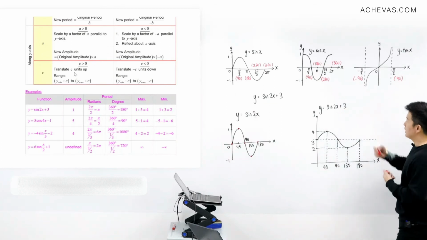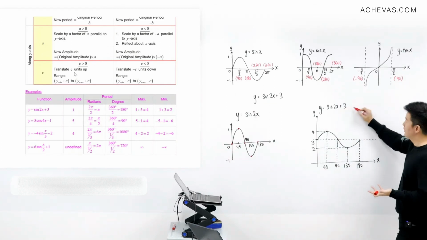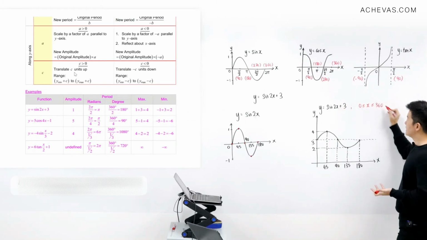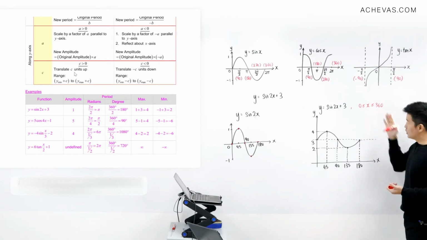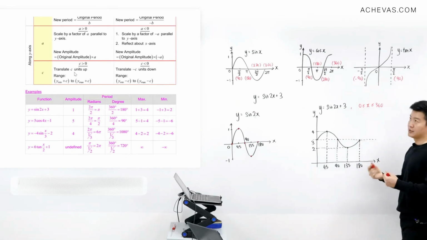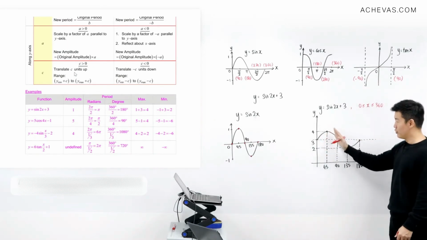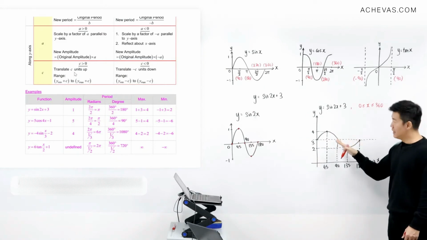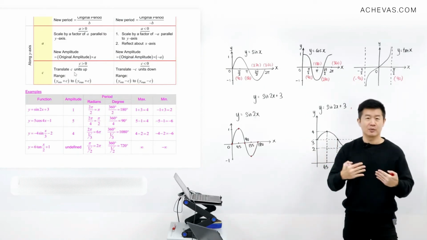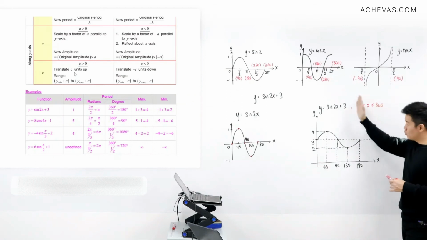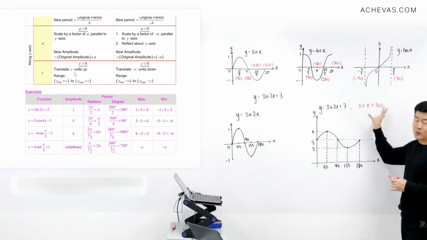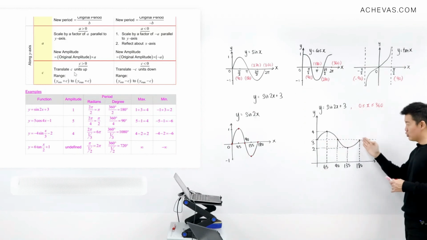So for example, if they were to ask you to sketch this graph such that x is between 0 and 360 degrees, which most likely it will be, what I would suggest is that you draw one period first, like what we have here, and then extend to the left or to the right to fill up the space, or cut off according to the range of x that is given to you.